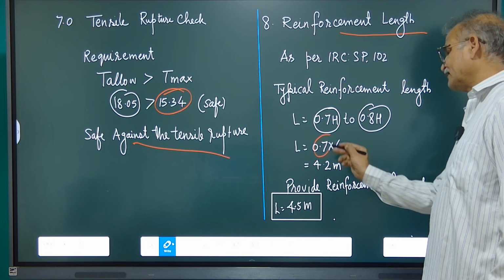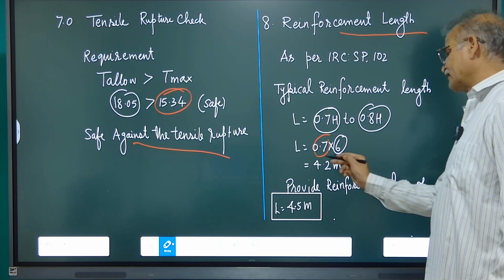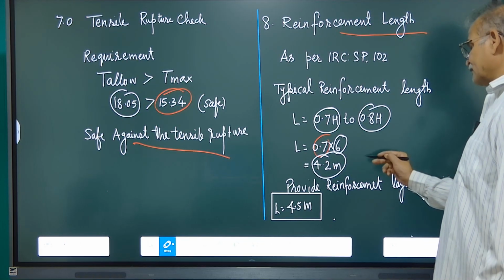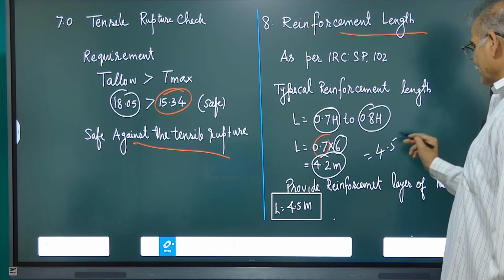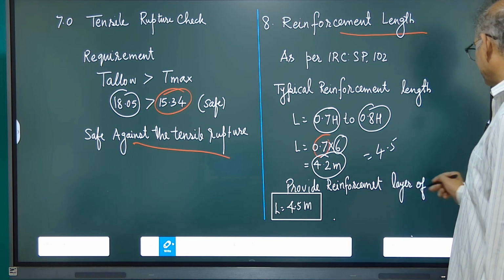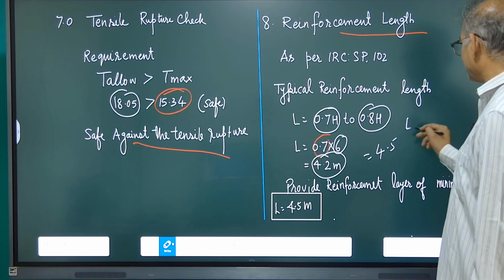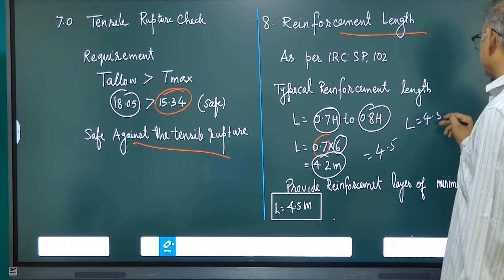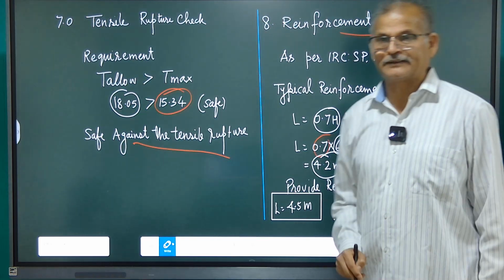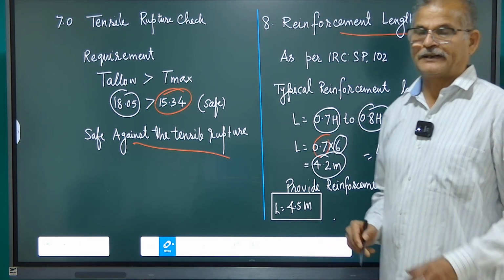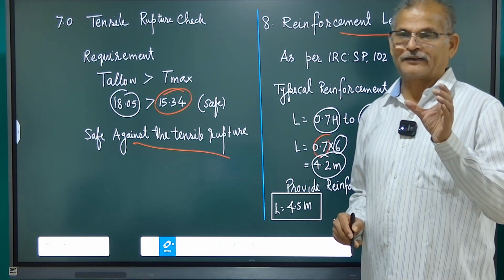Considering 0.7, height of the wall is 6, so 4.2 meter. Now we provide 4.5 meter, reinforcement layer of minimum length 4.5 meter.